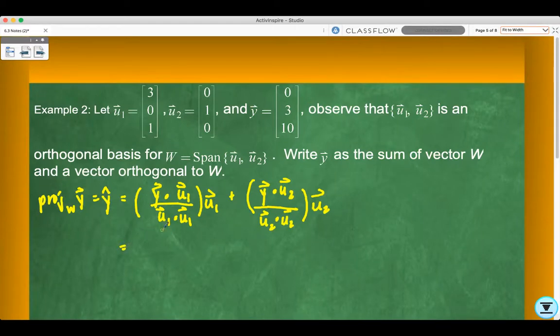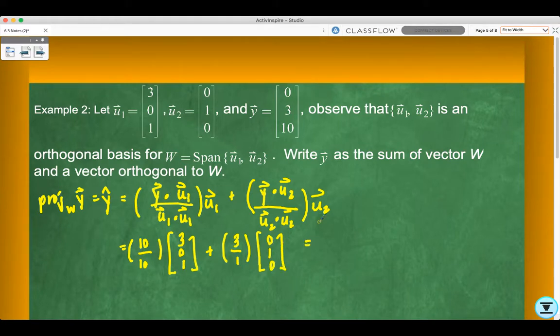So y dot u1 is 10, u1 dot u1 is 10, times u1, which is 3, 0, 1, plus y dot u2 is 3, u2 dot u2 is 1, times u2, which is 0, 1, 0. When I add these together, this would equal 3, 3, 1. And that is y hat.